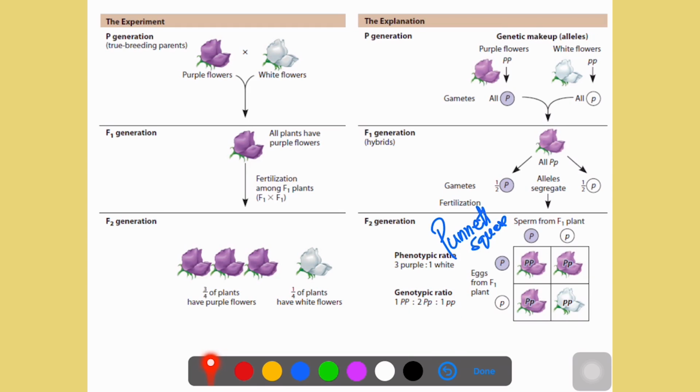So a monohybrid cross will have two different ratios. 3:1 ratio is a monohybrid cross ratio, and 1:2:1 ratio is also a monohybrid cross ratio. But what you have to remember is 3:1 is the monohybrid ratio for phenotypes, whereas 1:2:1 is the monohybrid cross ratio for the genotypes of the F2 generation.